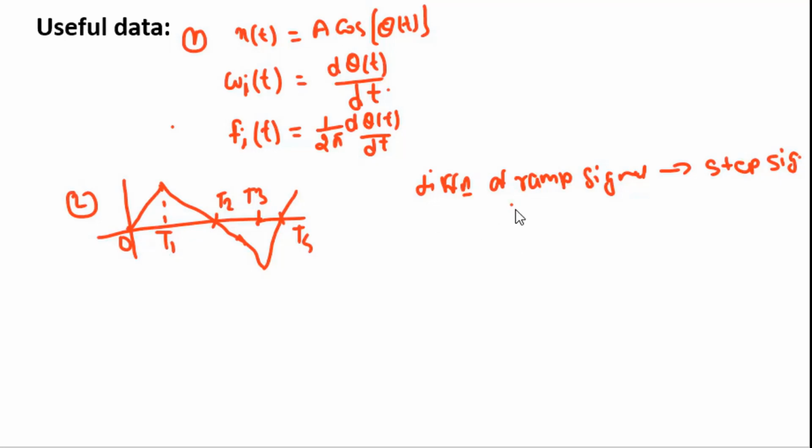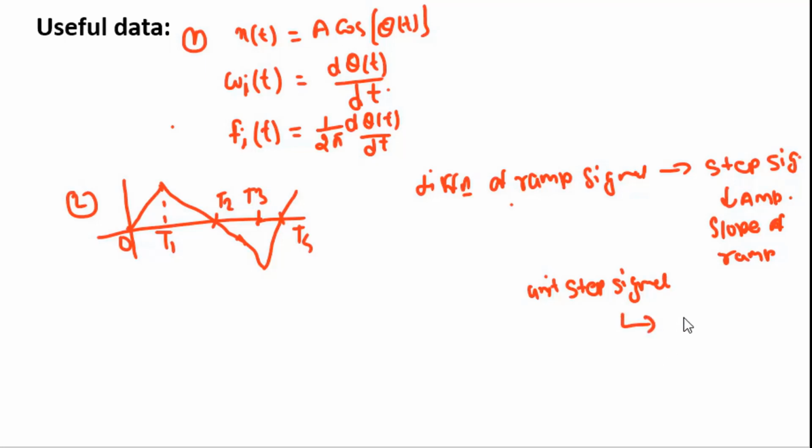The amplitude of this step signal will be the slope of the ramp signal, and that step signal will occur only where the slope changes. This is the general idea to differentiate a ramp signal.